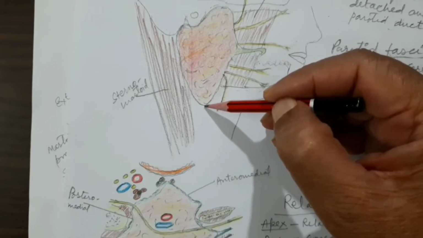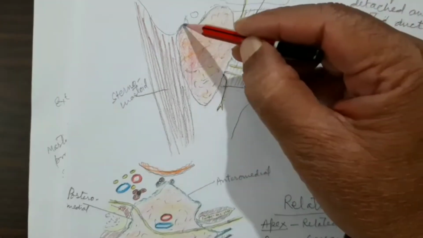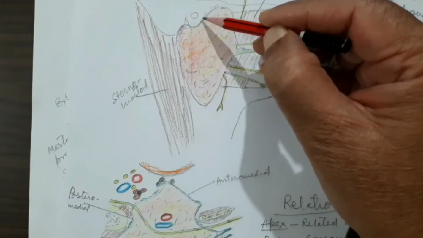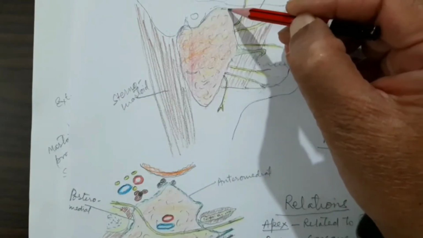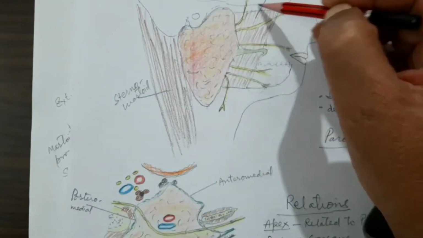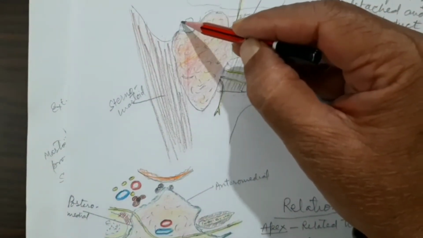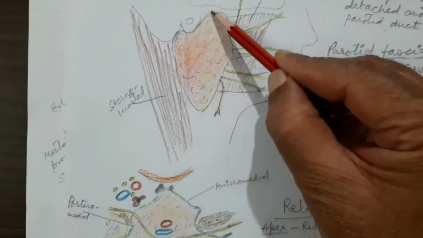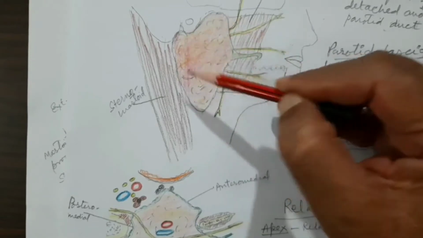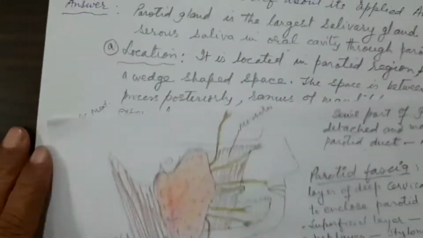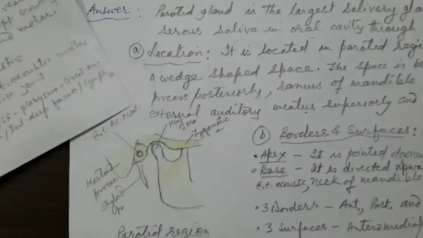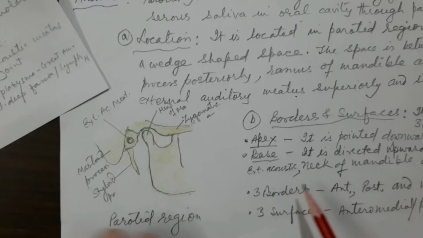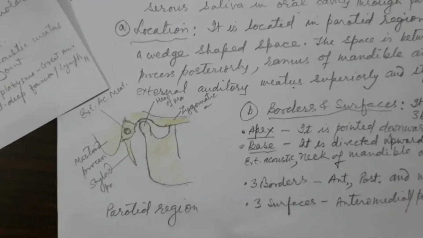The apex is directed downwards towards the neck, and this is the base, and the base is in relation to the tympanic plate. It goes up to the root of the zygoma, or the zygomatic root, and posteriorly touches the mastoid bone. So this is the base, and this is the apex. And then we have seen that it has three borders and three surfaces.